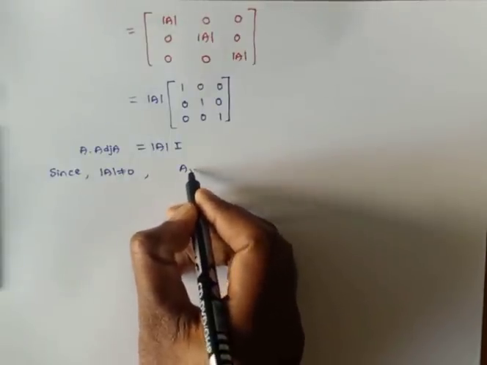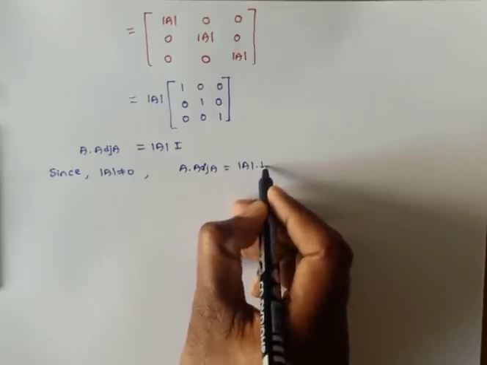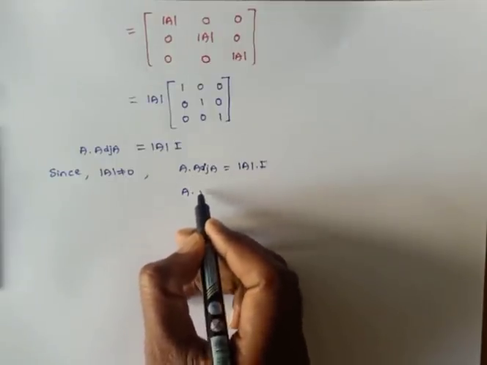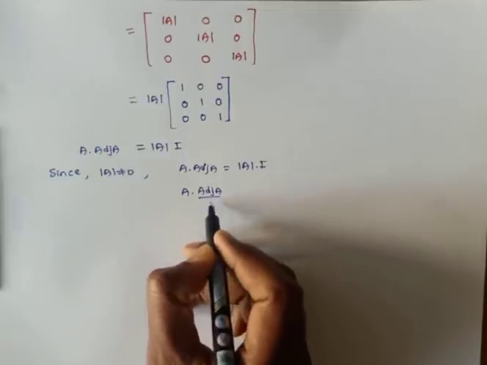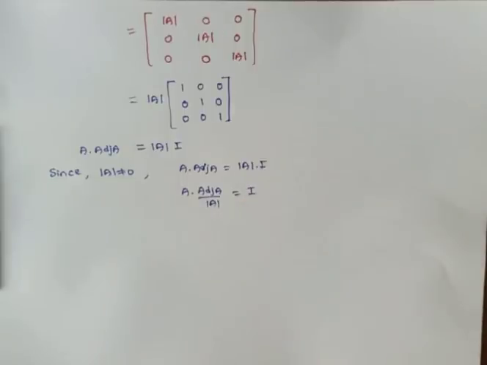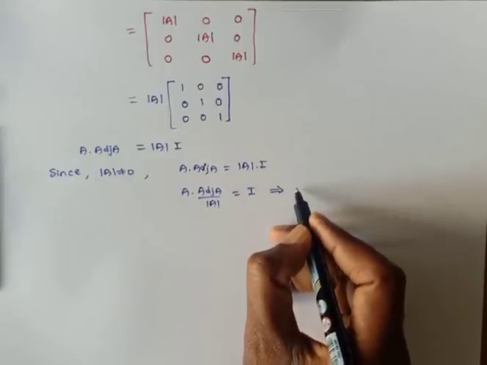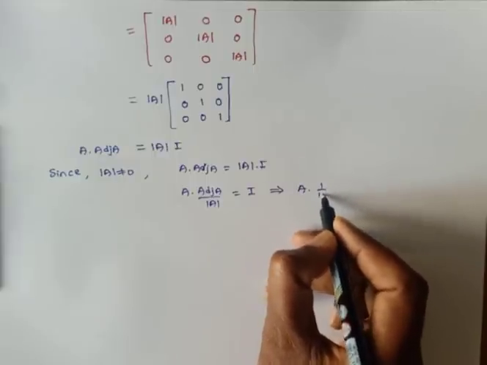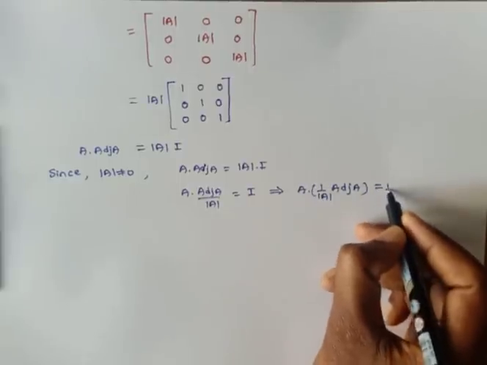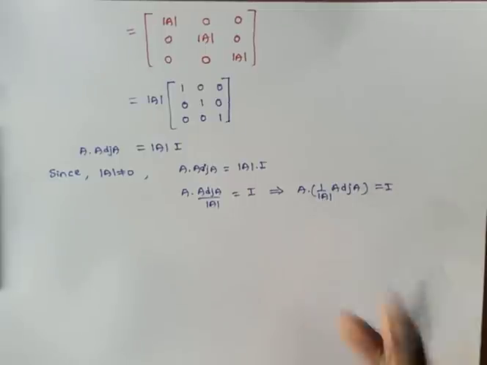Here we have one relation: A into adjoint of A is equal to det A into I. So we can divide both sides by determinant of A, so that A into adjoint of A by det A is equal to det A into I by det A, which is only I. We can write this as A into 1 by det A into adjoint of A is equal to I. A is a matrix and adjoint A is also a matrix, multiplied with a number, so it is a scalar multiple.